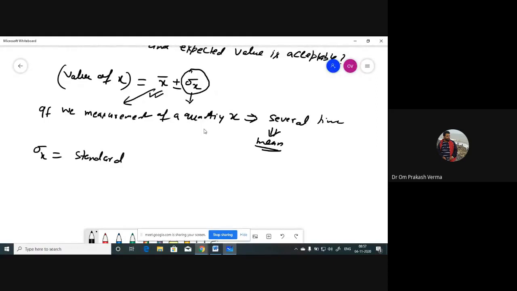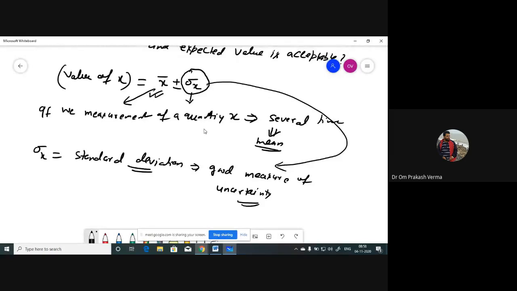This standard deviation will give the good measure of your uncertainty. कितना uncertainty है सिस्टम में, कितना आपका measurement uncertainty है, that will only decide with the help of the standard deviation sigma x, right? So sometimes it is defined as, इतना समझ में आया कि नहीं आया? Yes or no? Yes, sir. Okay. Yes, sir.